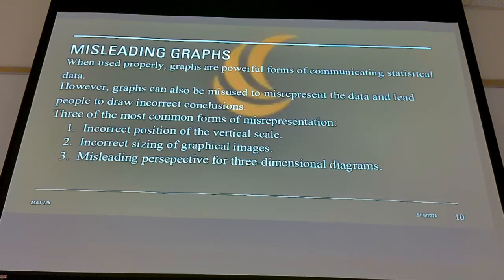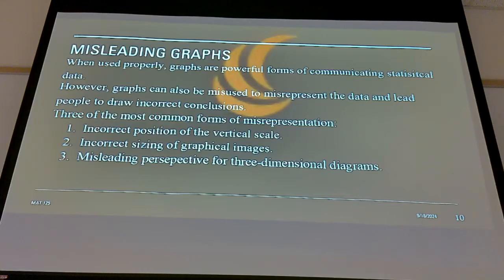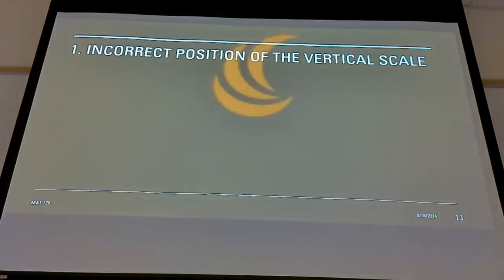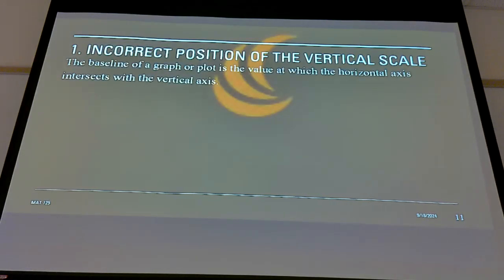As I said, the most common incorrect position of the vertical scale, meaning your origin is not the actual origin. Whenever you draw a plot, what you would call a graph, it's not actually a graph; a graph is something different.